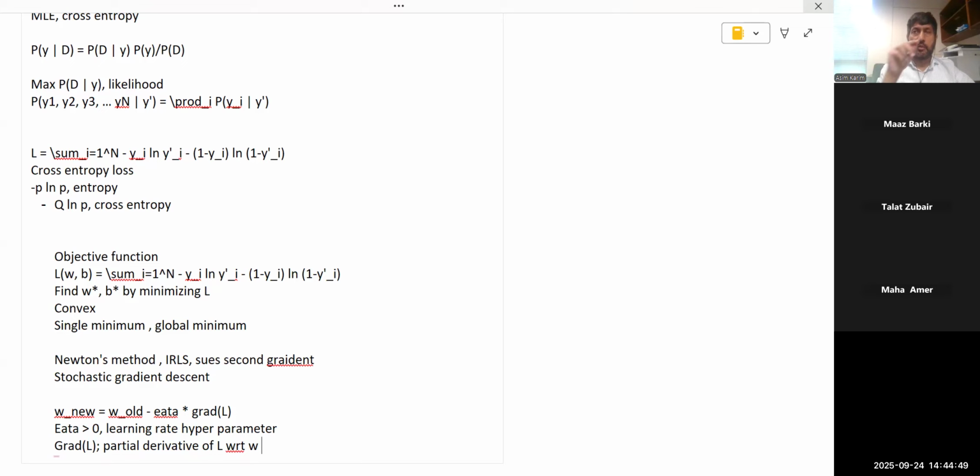Gradient जब zero हो जाएगा तो then W new, W old change नहीं होगा, because gradient would be zero. ठीक है. So that's the iterative process.